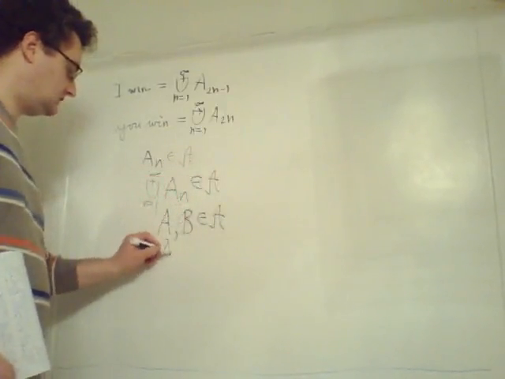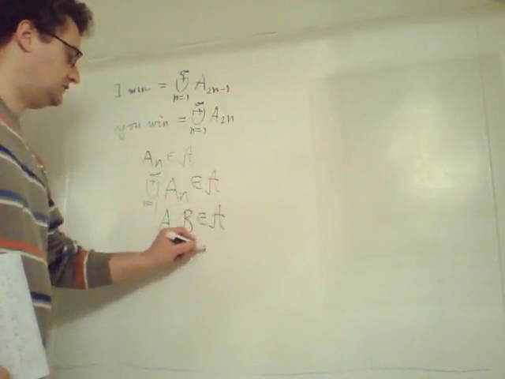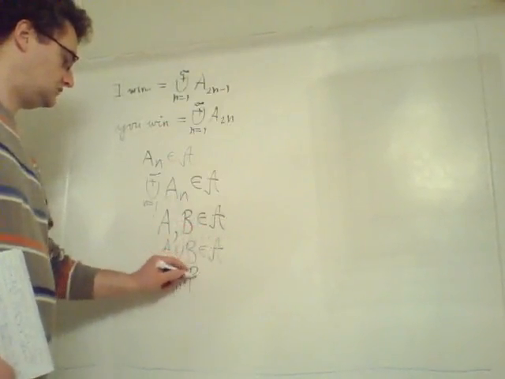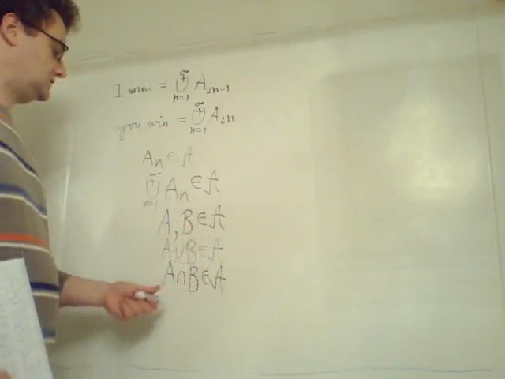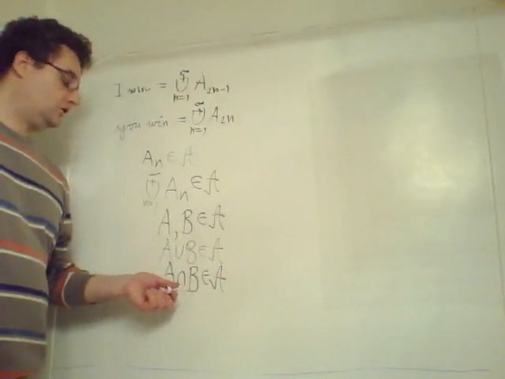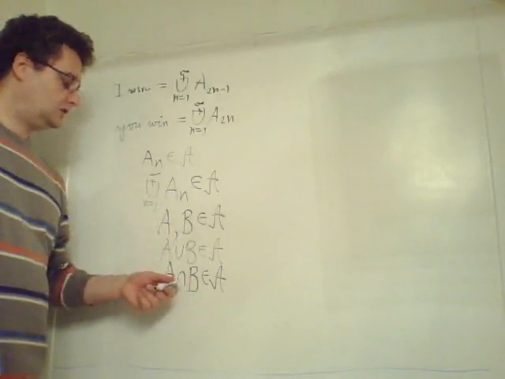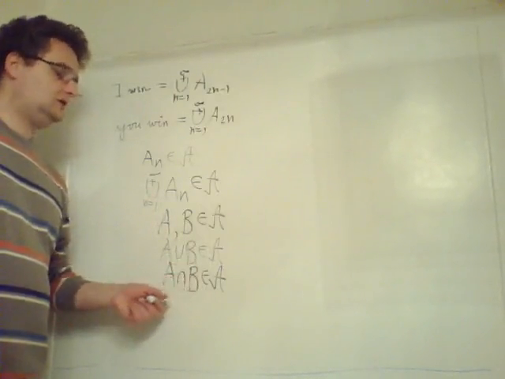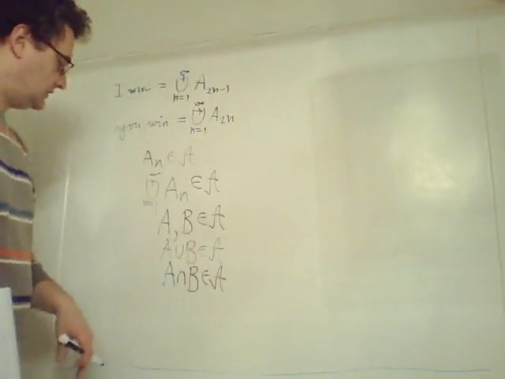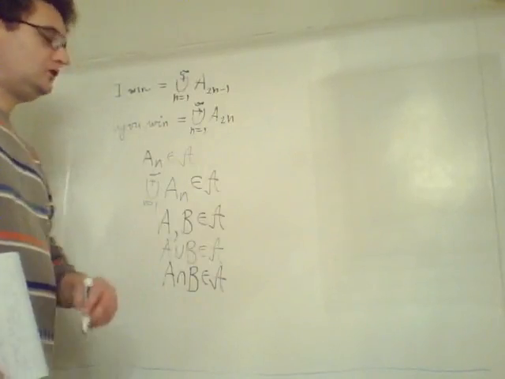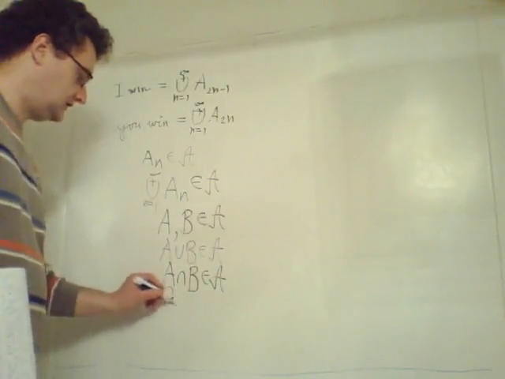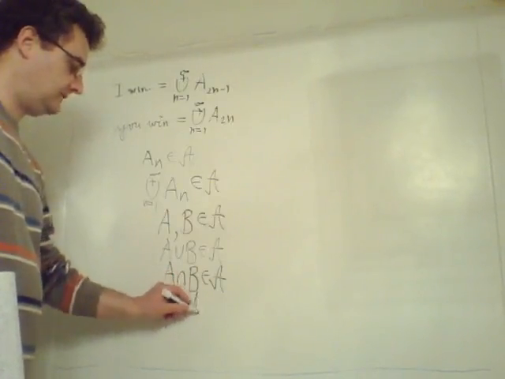In other words, we would like A union B to be in A. We would also like A intersection B to be in A, which means we can assign probability to the event that both events A and B happened. What else? We would also like P of omega to be equal to 1, so in particular we would like omega to be in the domain of P.